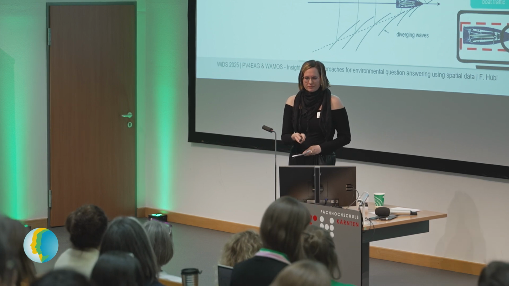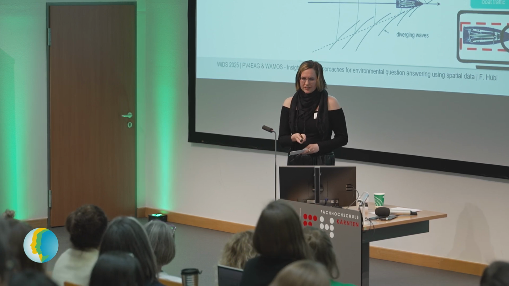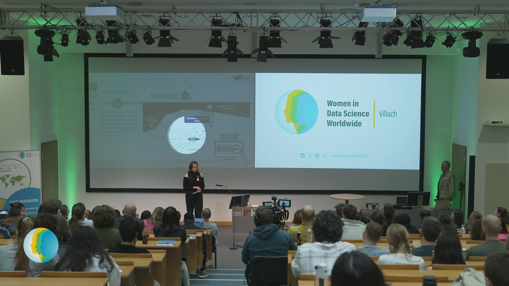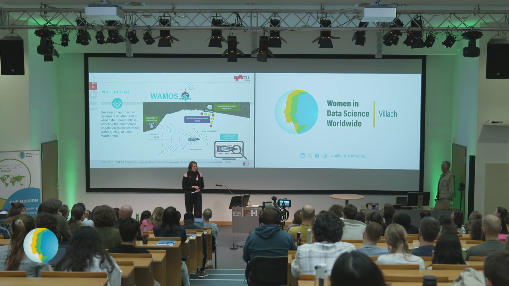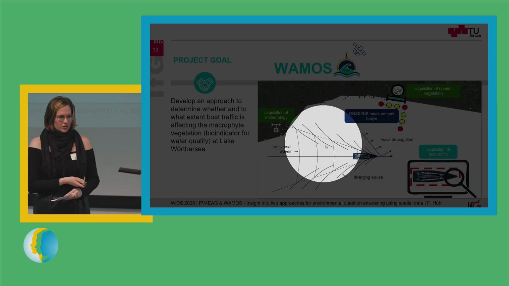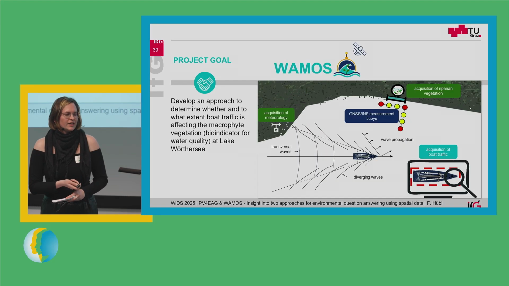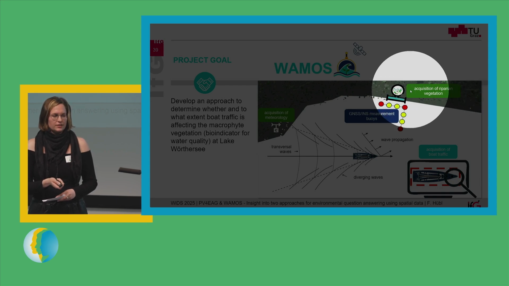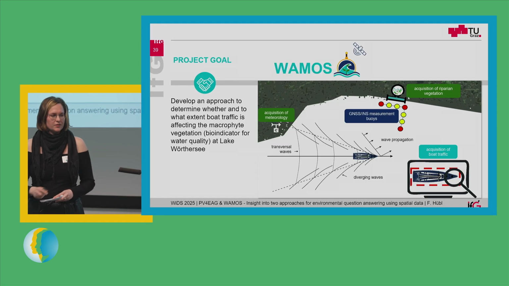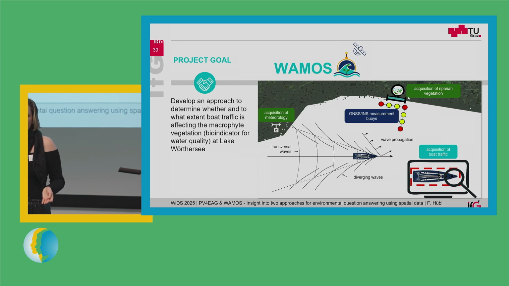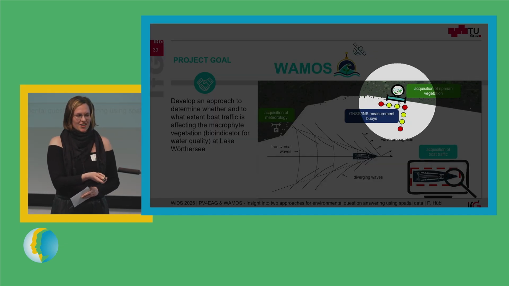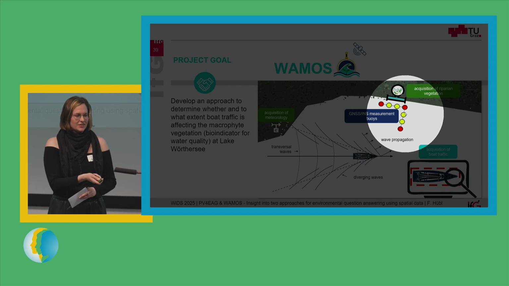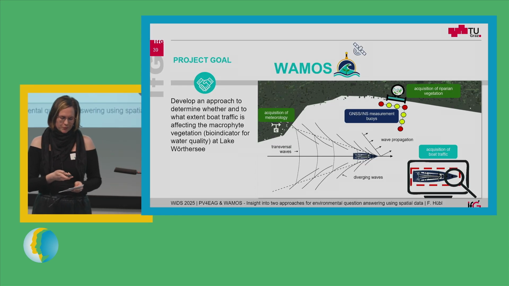We have the acquisition of boat traffic, which we do via drones and images, and we also use meteorological data, so wind measurements, and also monitoring of test plants or natural plants to see if there is a change in the vegetation. And this nice L structure here is our measurement system. It consists of several buoys I want to show you.